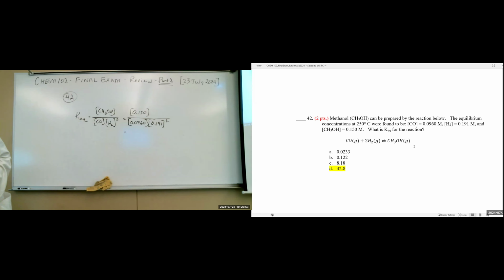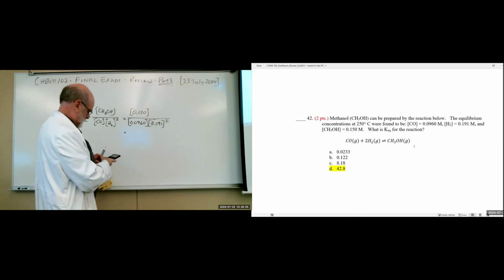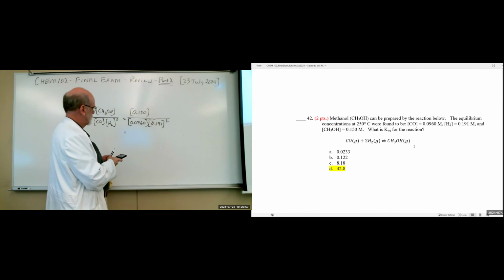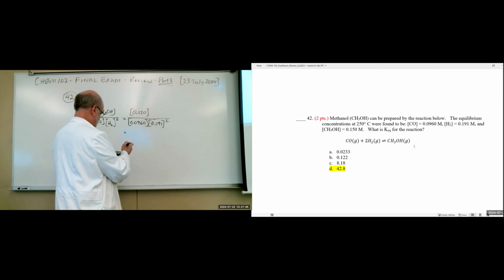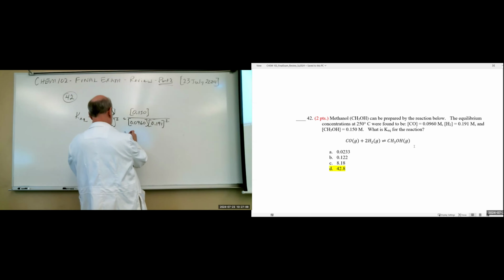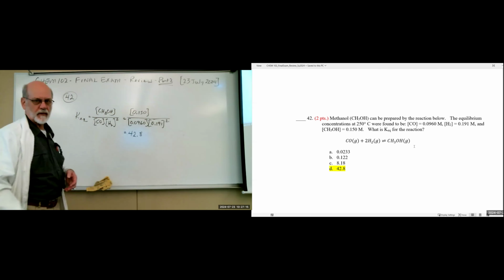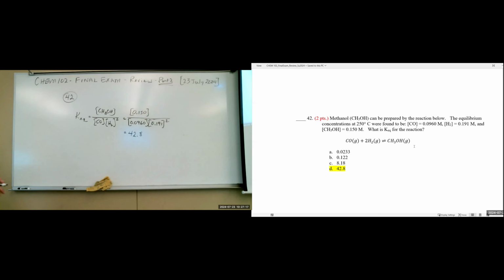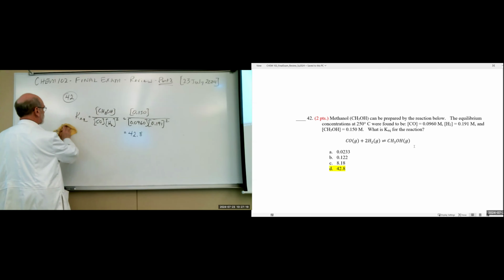So now we just need to calculate. 0.15 divided by 0.0960, and then divided by 0.191 squared. So I get, in standard notation, 42.8, to 3 significant figures. That answers that question.